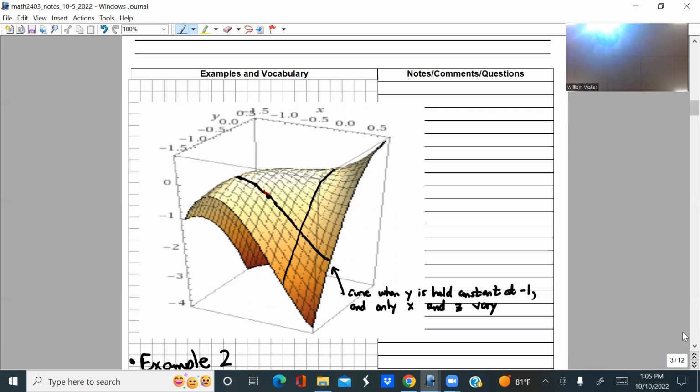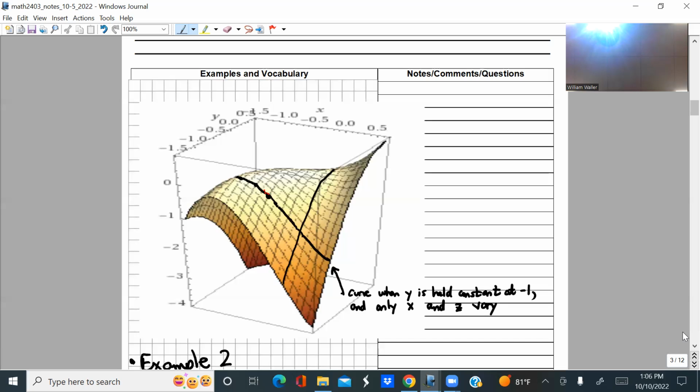But that also tells you something about the surface, because the curve lives on the surface. So you also know the surface is doing what? It's also sloping downward. In what direction, though? See, that's the key. It isn't sloping downward in this direction.